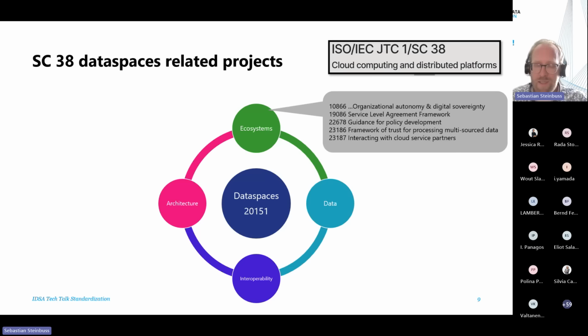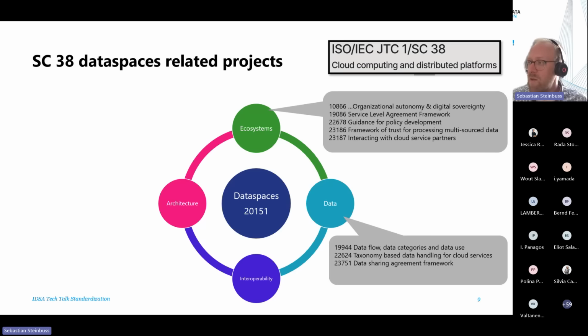All such standards exist already, so we don't have to recreate such things. Also on data, existing standards can be reused from the field of ISO/IEC, but also, as we presented before, what's happening in this whole semantic world inside the World Wide Web Consortium, for example.